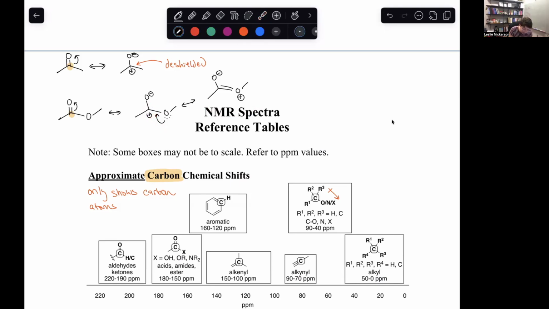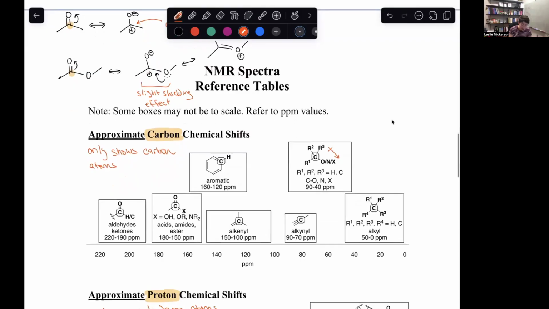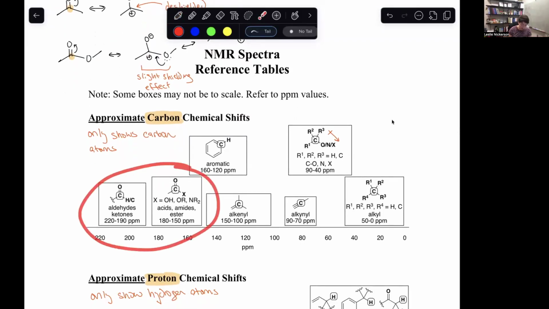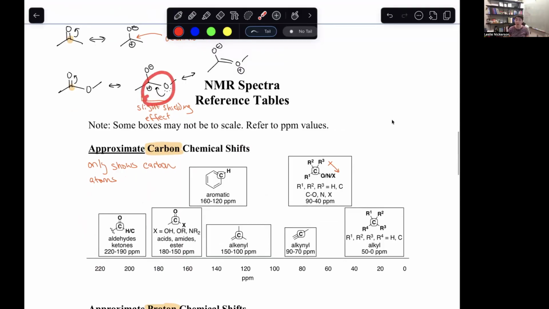So this is becoming slightly shielded. If we look at the chemical shift between an aldehyde or a ketone and then an acid, amide, or ester, our acids, amides, and esters are shifted upfield compared to the aldehydes and ketones because of this slight shielding effect.